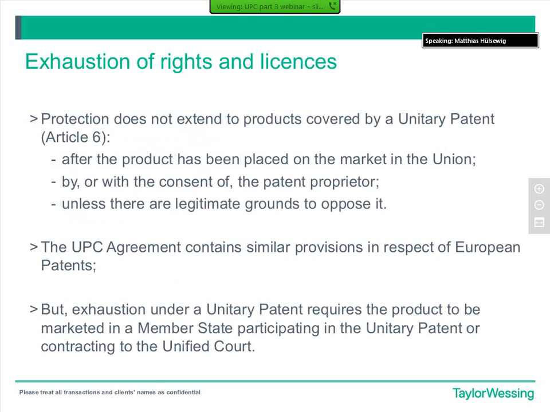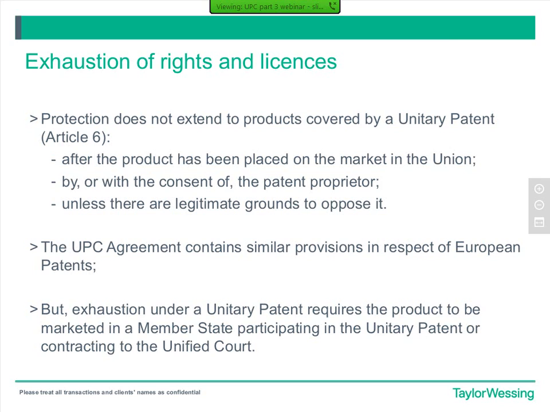Both the Unitary Patent Regulation in Article 6 and the UPC Agreement in Article 29 contain exhaustion provisions. They are drafted in similar terms and are applicable to unitary patents and classical European patents at the same time.